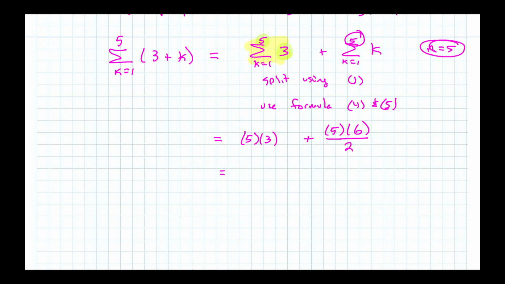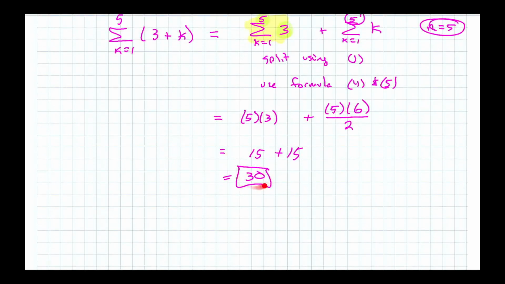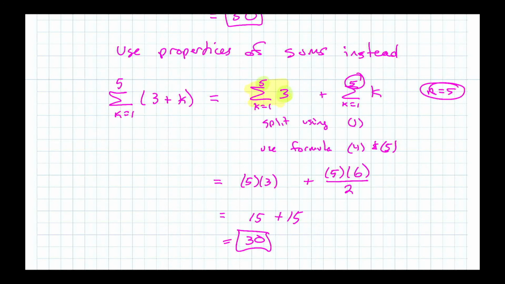So what's the result? Well, 5 times 3 is 15. And 5 times 6 is 30, over 2, which is also 15. Then the result is 30. And so that's your answer, 30. That's what we got before. We got 30 up here, we get 30 down here. Okay? And that's how you use those properties.